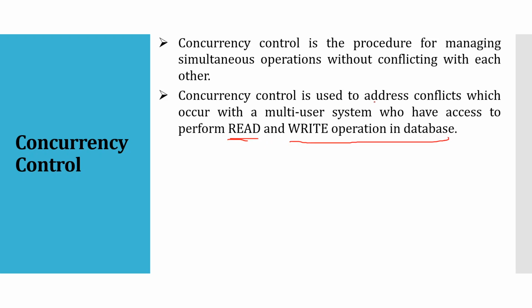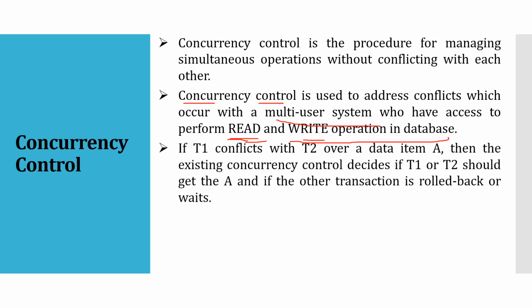It is used to address conflicts which occur in a multi-user system with read and write operations. That means if one system wants to read and another system wants to write on the same database, then we need to manage their conflicts. That is what concurrency control will do, as I said earlier, right? So let us say T1 conflicts with T2 over data item A, right?